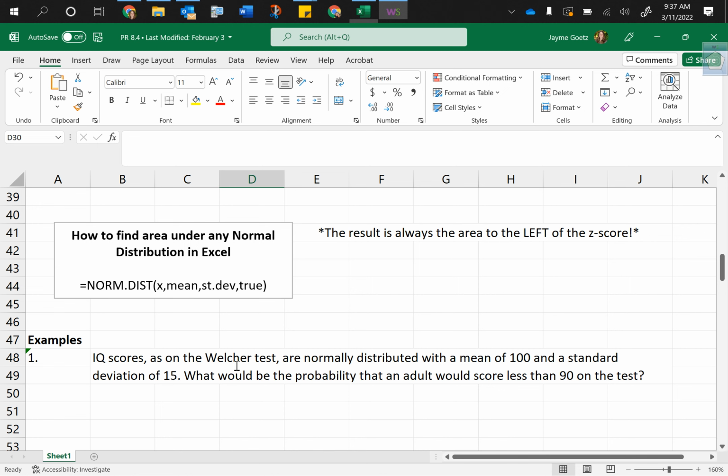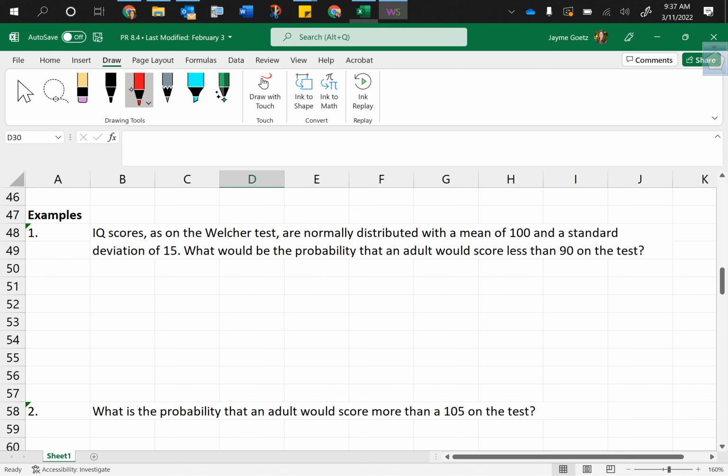So on number 1, it says IQ scores, as on the Welcher test, are normally distributed with a mean of 100 and a standard deviation of 15. What would be the probability that an adult would score less than 90 on the test? So when they tell you that it's normally distributed, what that means is you can draw yourself a normal curve. Okay?